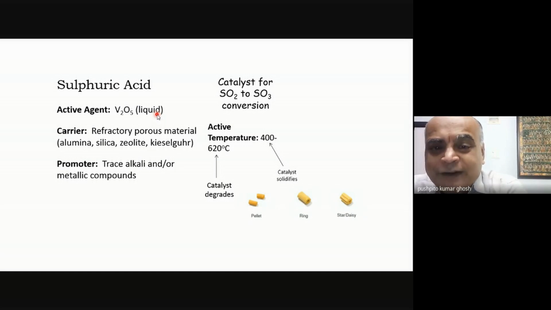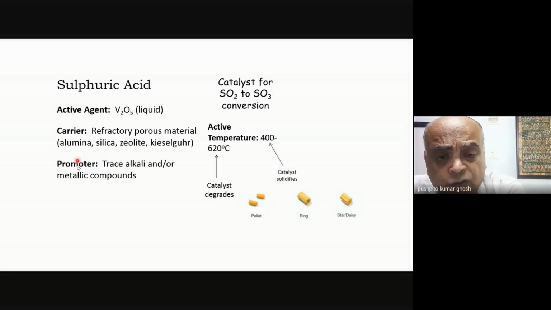So actually the reaction is taking place with the liquid state of vanadium pentoxide, not with the solid state. Secondly, they use a lot of carriers. The liquid is forming a film, getting absorbed on these kinds of carriers. They are all things like kieselguhr, silica, alumina, stuff like that.